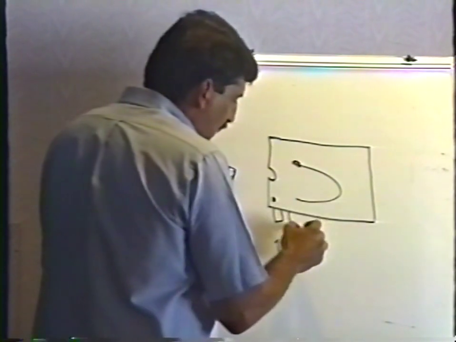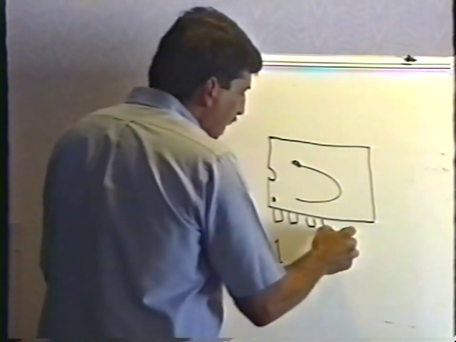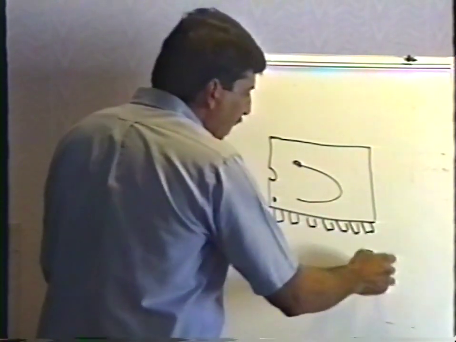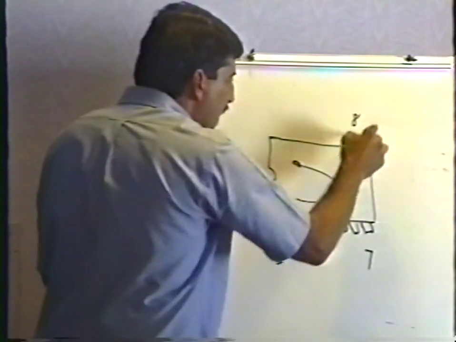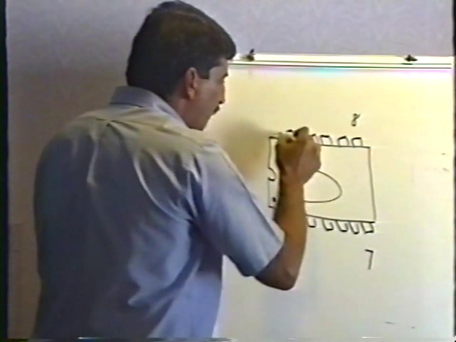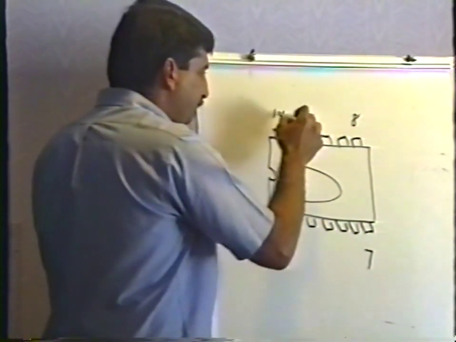So for instance, 1, 2, 3, 4, 5, 6, this would be pin 7, pin 8, 9, 10, 11, 12, 13, 14. Things you'll see, like there's the notch right here. That's pin number 1. There's a notch. That's pin number 1.